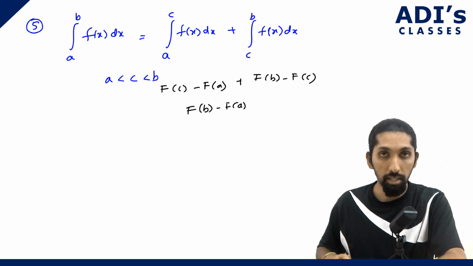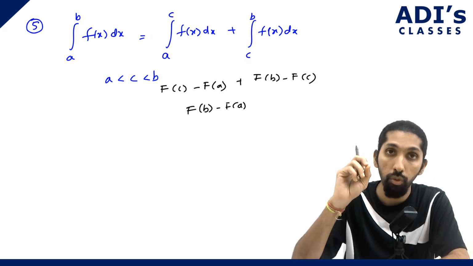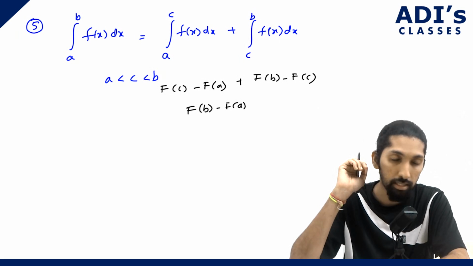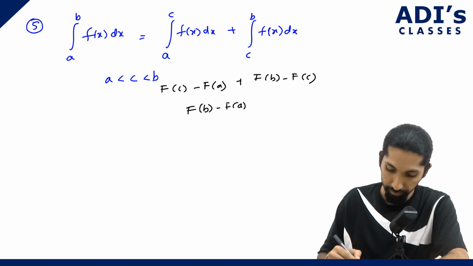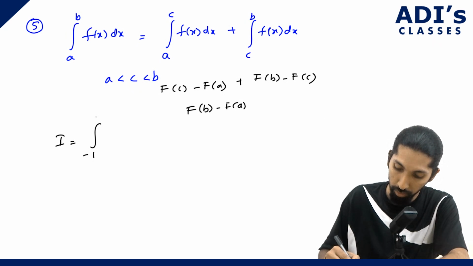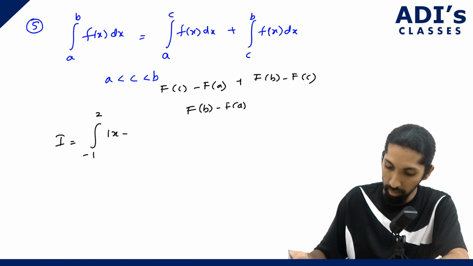Now this case we use in certain types of functions, like the modulus function, square root function. Say you have I is equal to integral from minus 1 to 2 of mod of x. Let's just take mod of x for now.